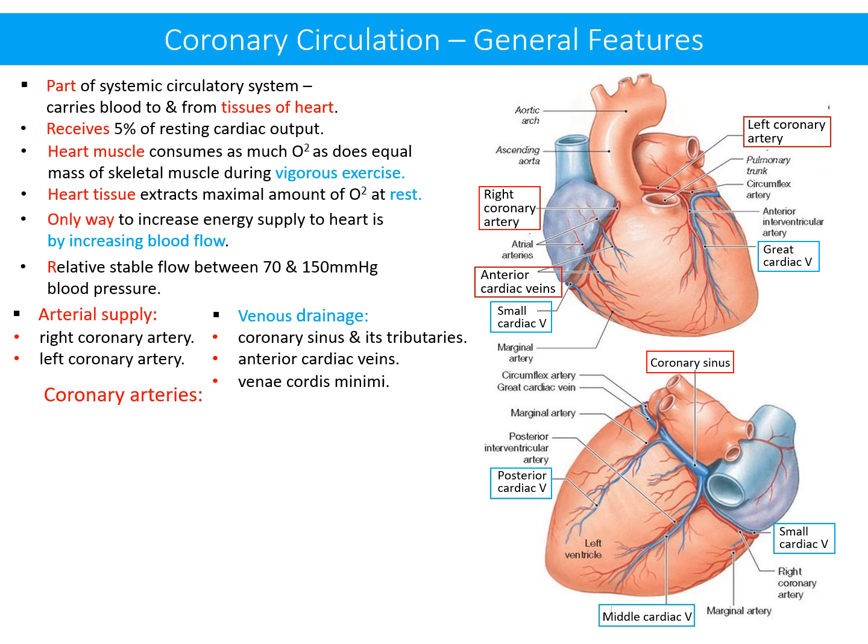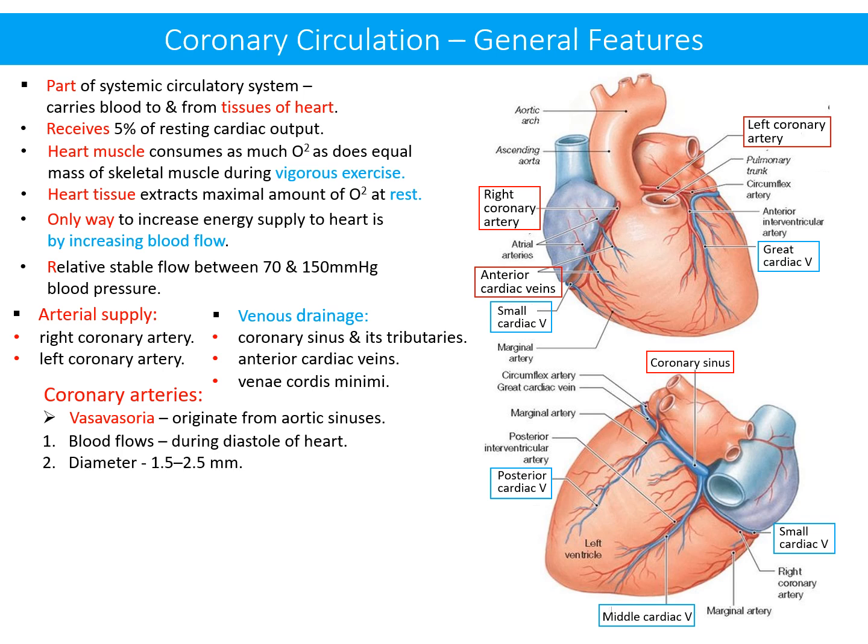As regard the general features of the coronary arteries, these arteries are considered to be vasa vasorum as they originate from the aortic sinuses. Blood through these arteries flows during diastole of the heart, and the diameter of the coronary arteries varies from 1.5 to 2.5 millimeters.